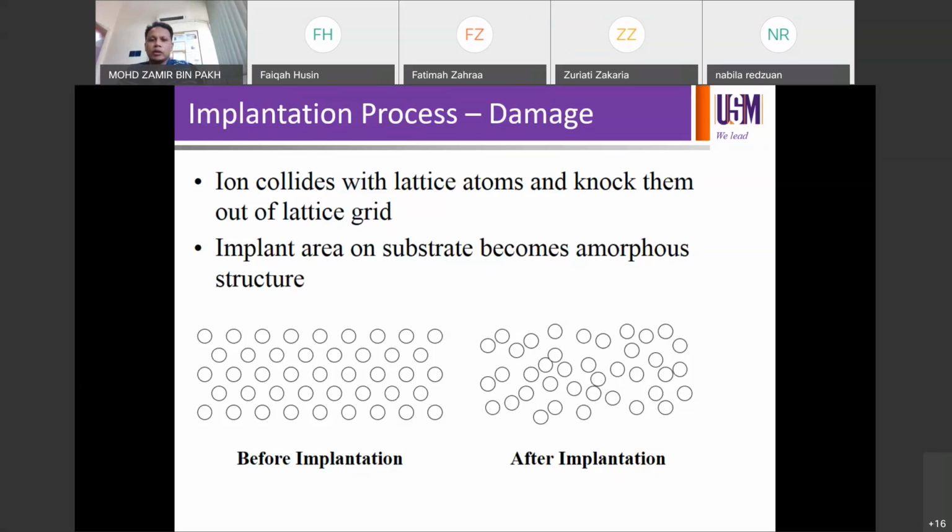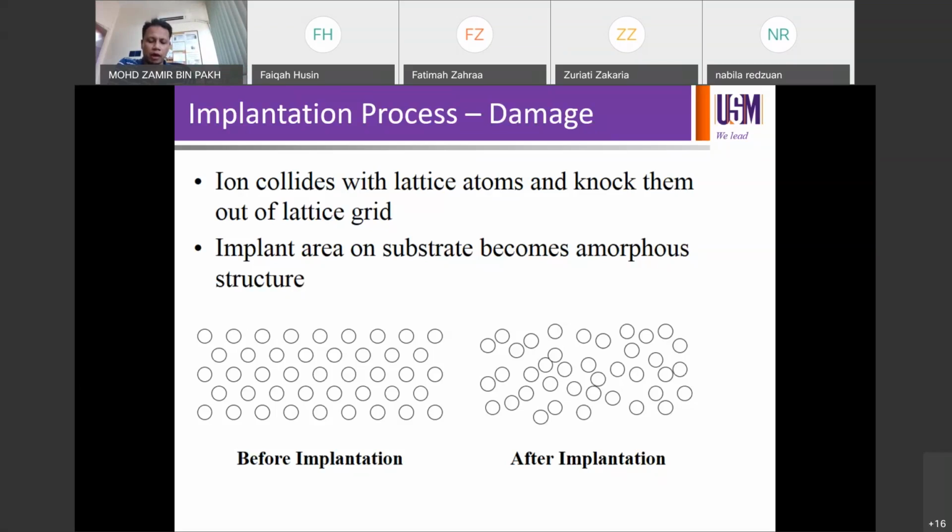So you're going to have a distorted lattice during the process and after the process. The implant area on the substrate becomes amorphous in structure. Bear in mind that we use monocrystalline silicon for IC fabrication. So they are monocrystals, an infinite range of periodic arrays of atomic arrangement.